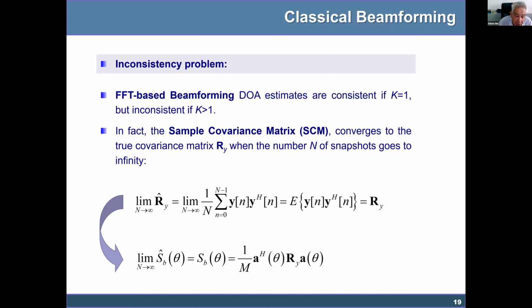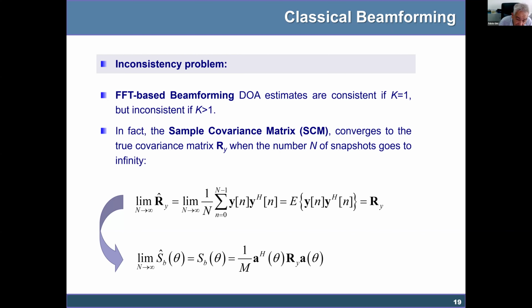Now, let's investigate the properties of a Euler array, both in the case where there is only one source and where there are multiple sources, so K is greater than 1. And I want to show you that if there is only one source, the method is consistent. What I mean when I say consistent is that when the number of snapshots N tends to infinity, the estimate tends to the true value.